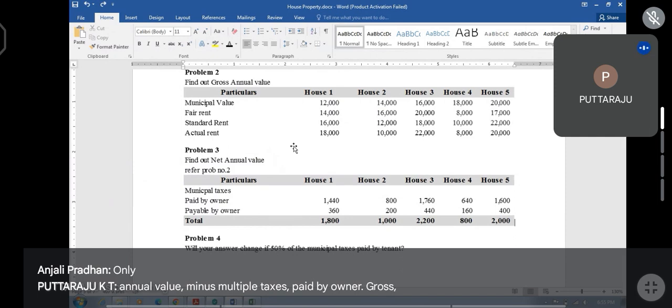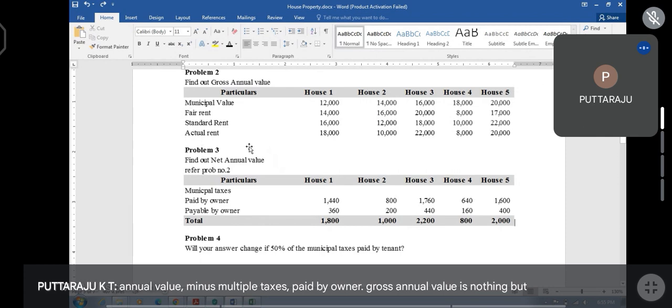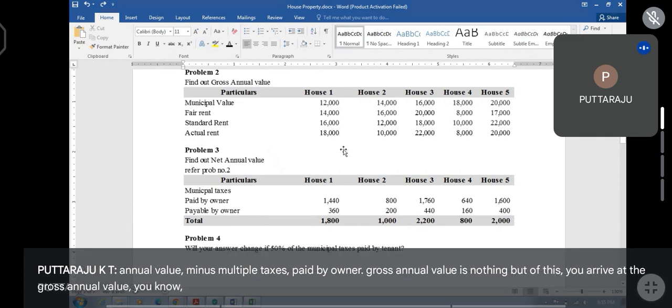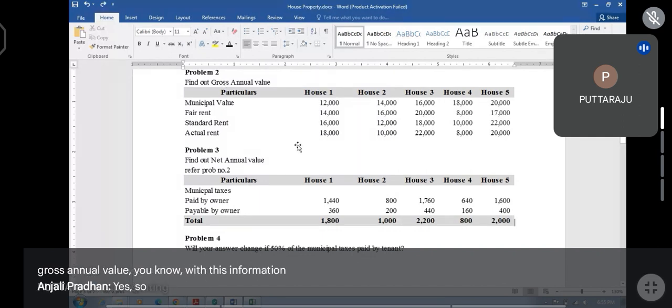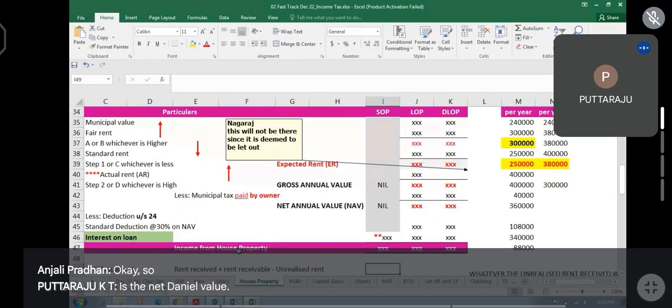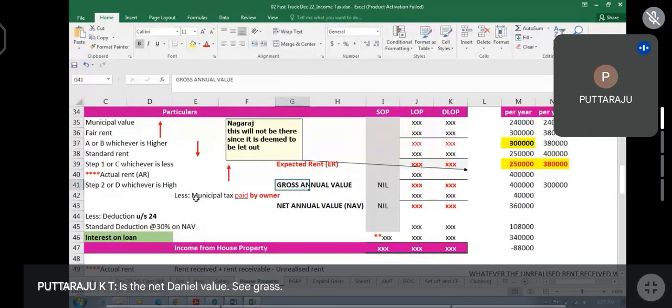Of this, you arrive at the gross annual value, no? Yes, sir. With this information, I have understood the gross annual value. Gross annual value less municipal tax paid by owner is the net annual value.